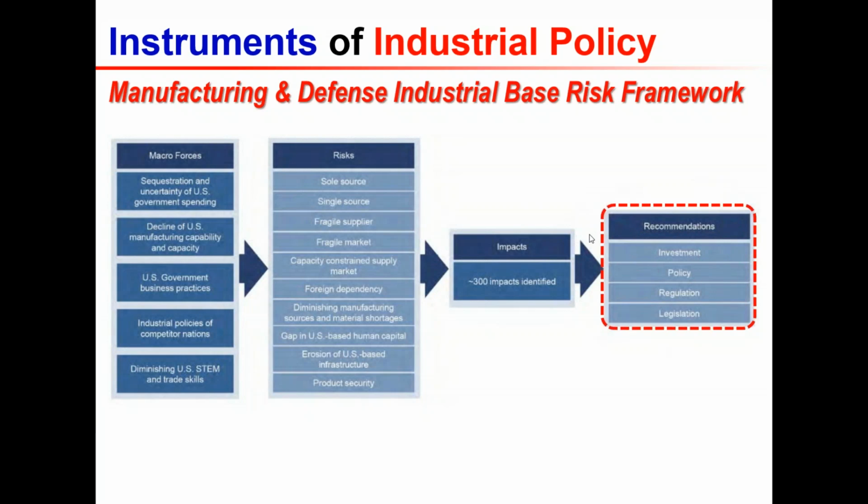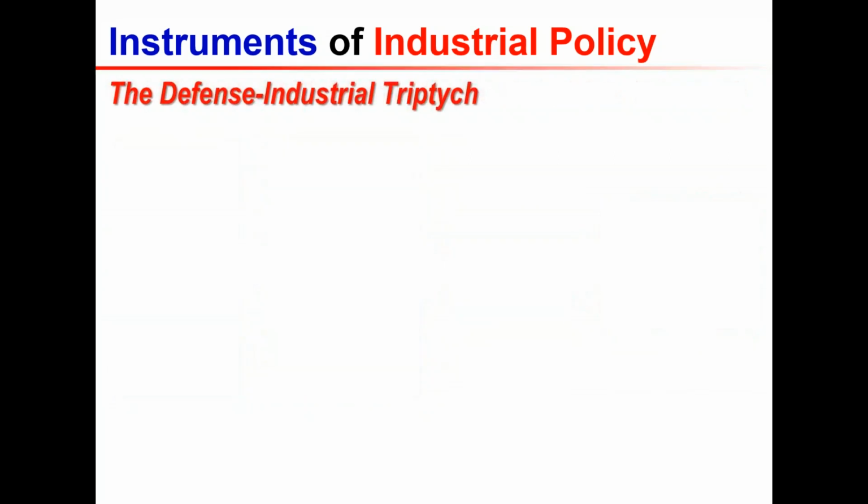And we actually, as government, have a number of tools, right? Investment, policy, regulation, legislation, right? But I think it's important to understand that the reason we have a number of instruments or tools or levers to impact the defense industrial base is because of the relationship between government and the defense industrial base, right?